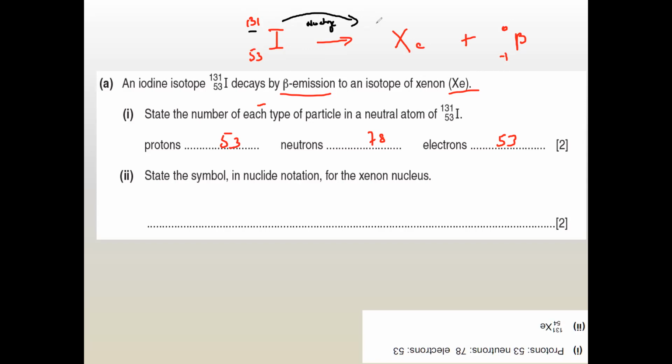So if it is 131 before, it will remain 131 after. So xenon will have 131. But what happened to the atomic number? The atomic number or the proton number increases by 1, so it will become 54. So we have to write the nuclide notation for xenon only. For the xenon which is formed here, the nucleon number will be 131 and the atomic number will be 54.